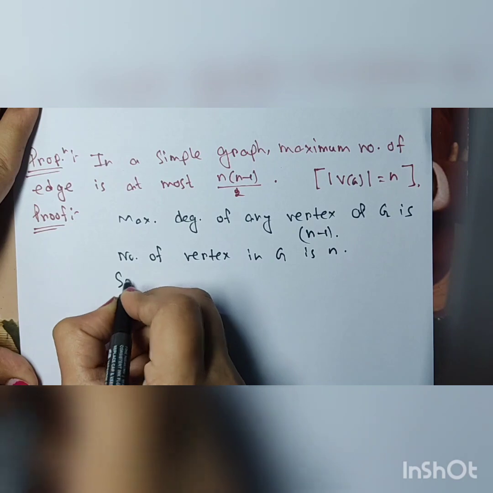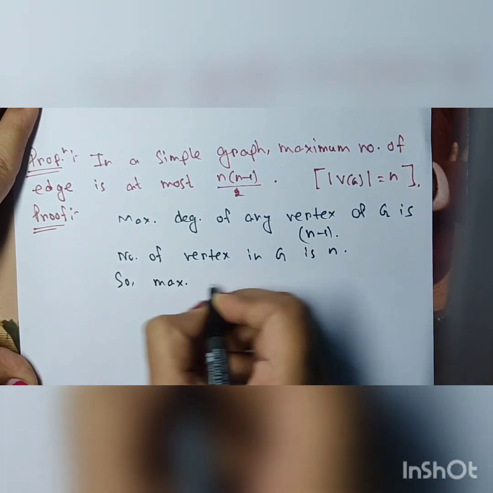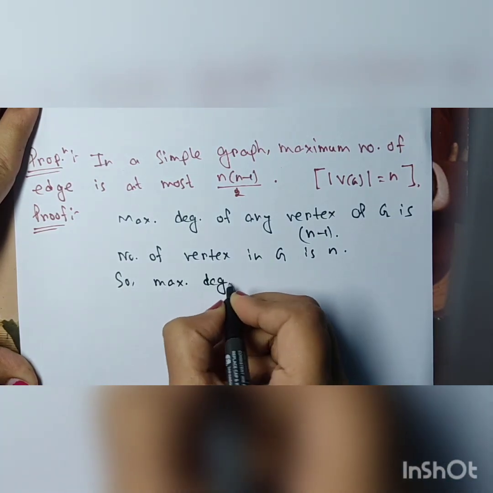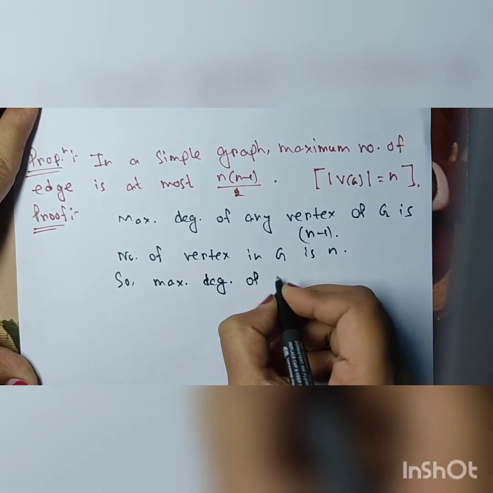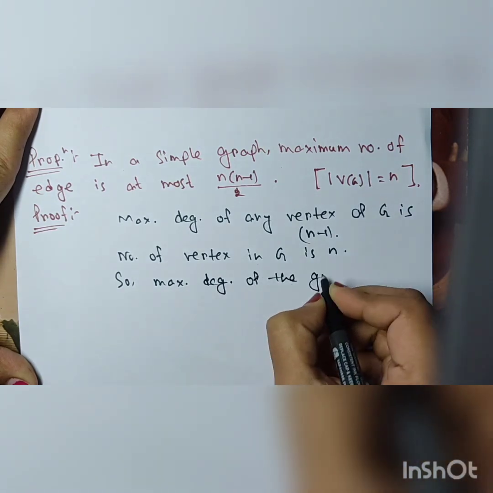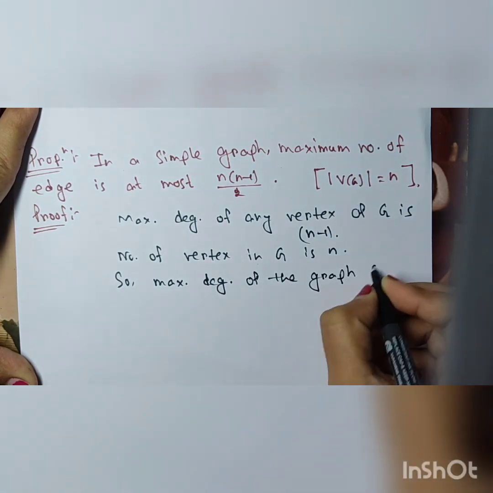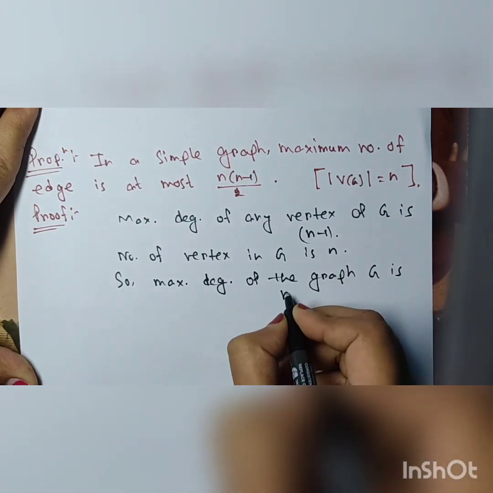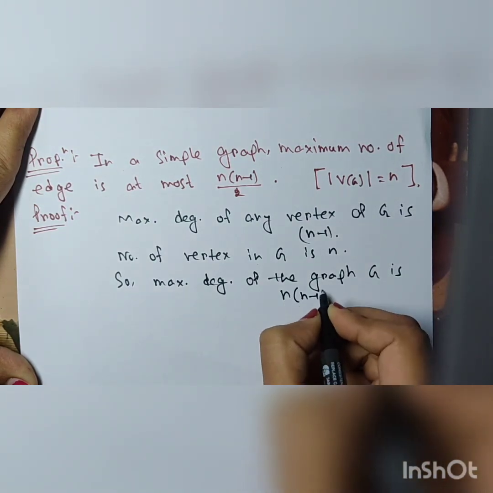So the maximum total degree of the whole graph G is n into n minus 1.